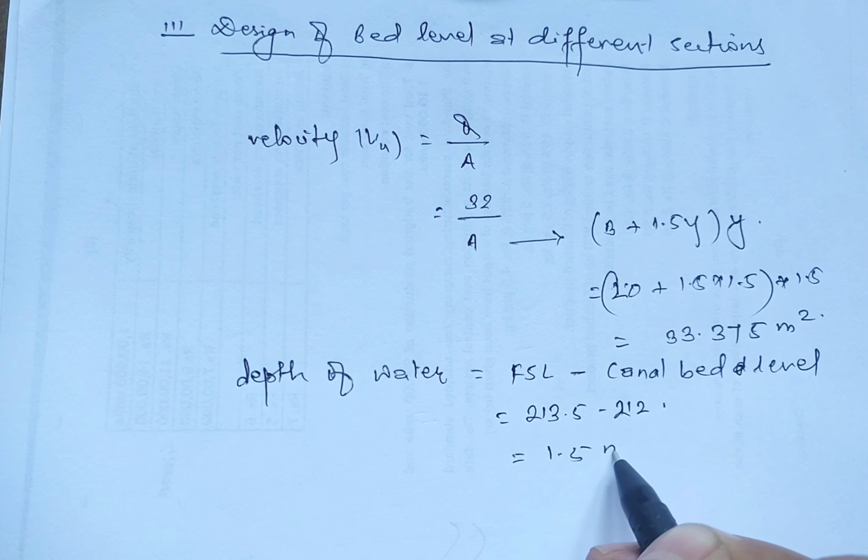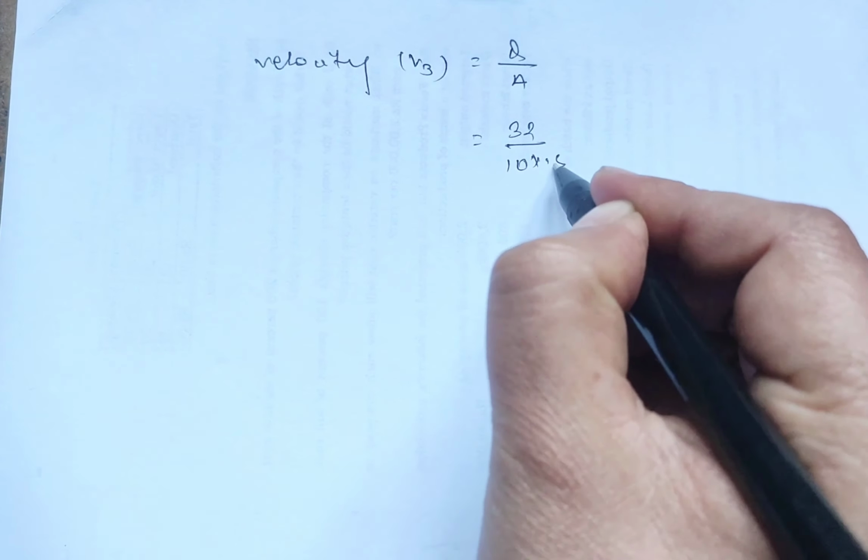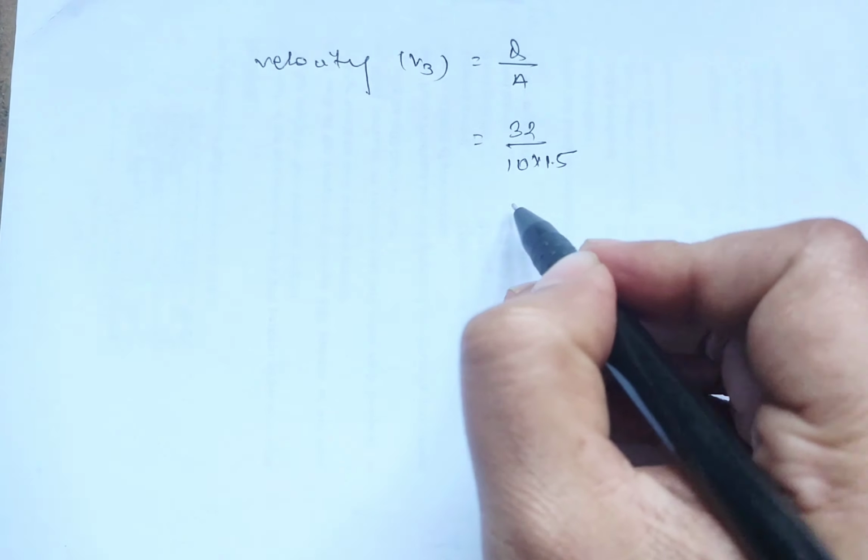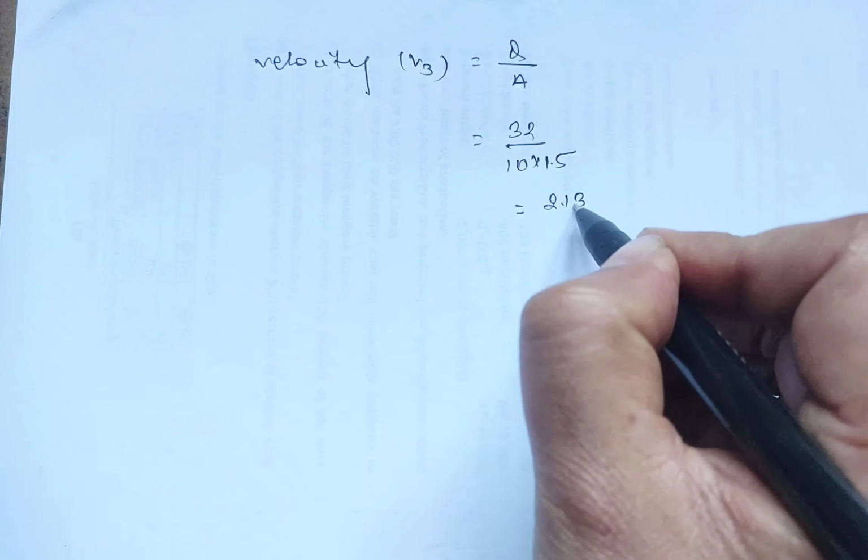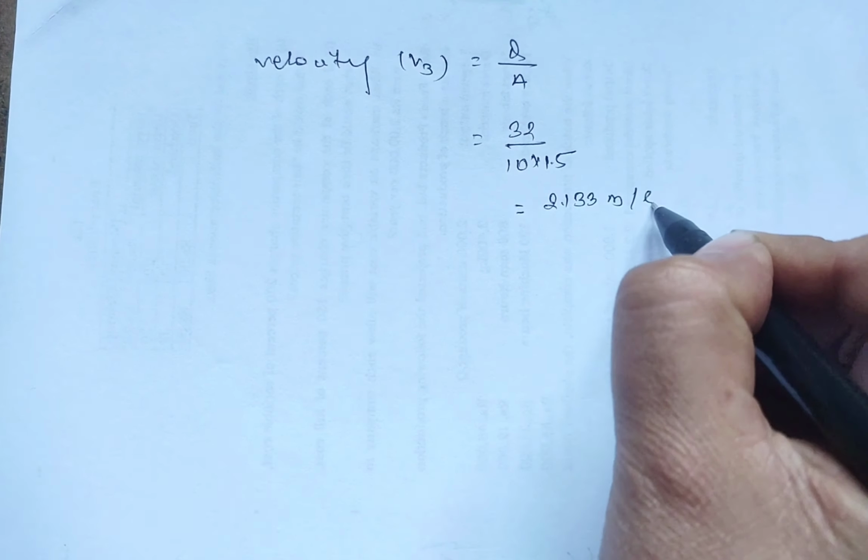Now we move to section 3-3. For section 3-3 also, we assume the depth of flow equals 1.5 meter, width 10 meter. Then velocity at section 3-3 equals 32 divided by 10 times 1.5 equals 2.133 meter per second.